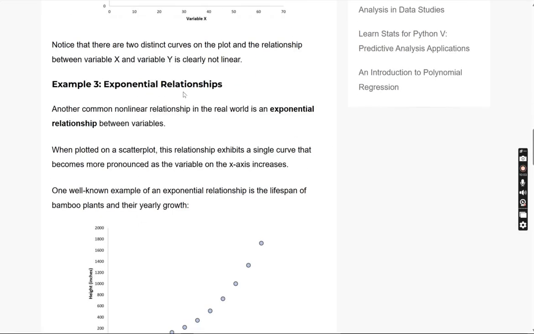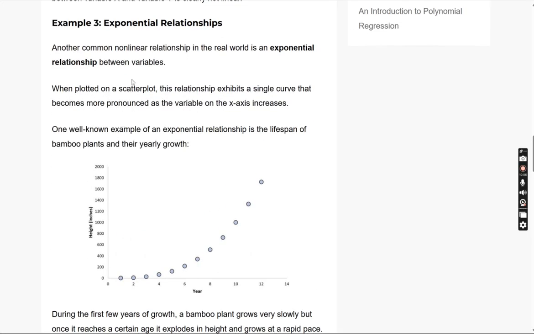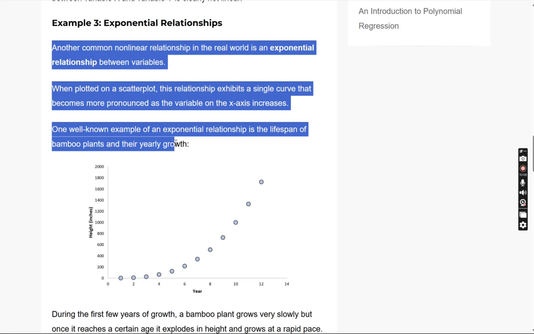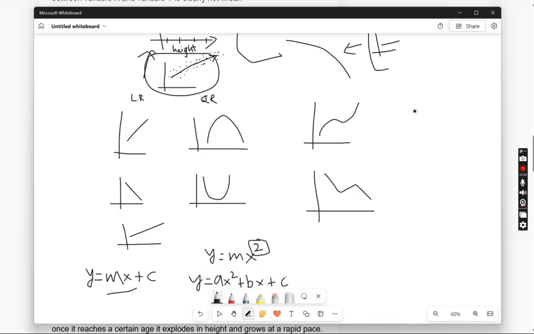Next comes exponential relationships. An exponential relationship is your money growth. Let's say you have invested some amount in some stock or some FD, which increases your money at a constant rate.